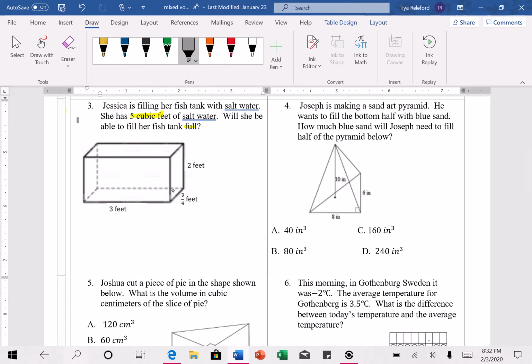So I really don't care what your base is. You can make it the side, you can make it the bottom. It really doesn't matter as long as you use a rectangle formula and a volume formula for a prism.